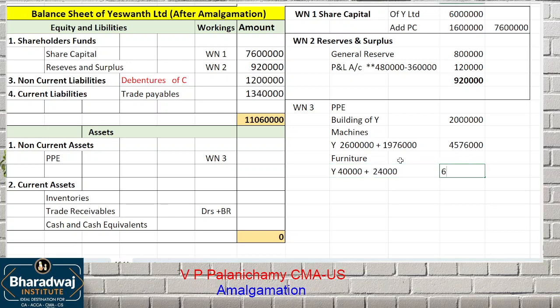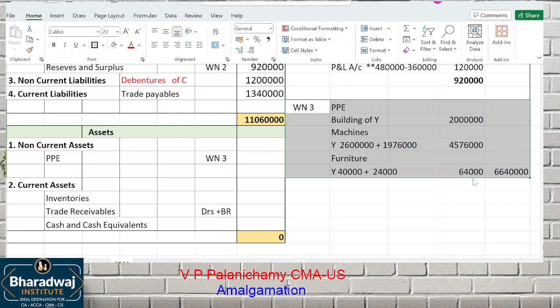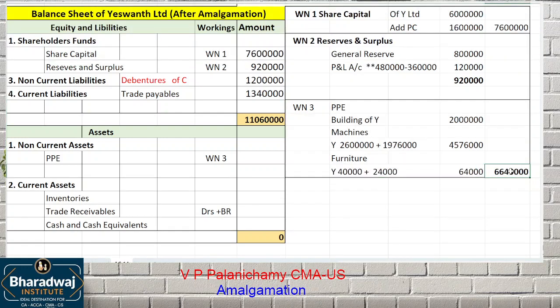How much? 64,000 will come. Purchasing company old book value, selling company revised value. We are following purchase method, not merger method.